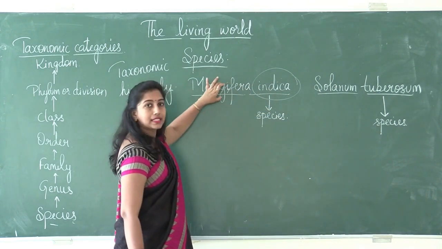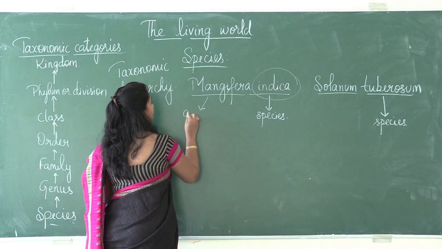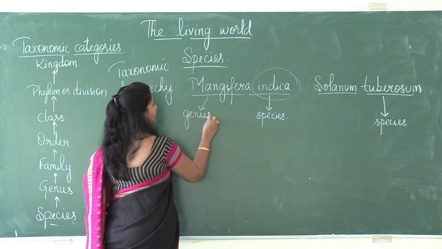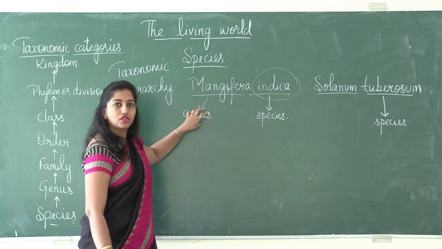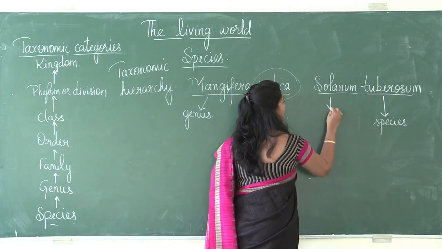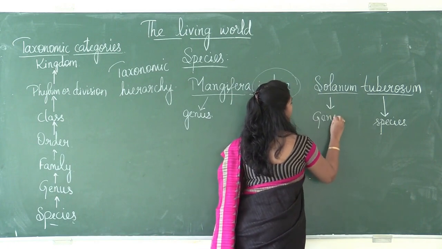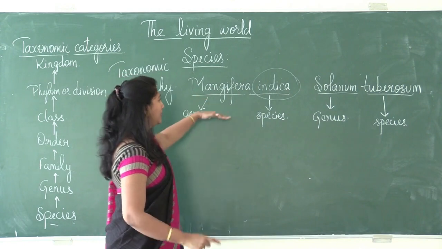Now what about the first term? We have studied that in detail in the previous session also, that this forms the genus name. So in Mangifera indica, Mangifera is the genus name. What about in Solanum tuberosum? This will be the genus name. Now just look at these terms.